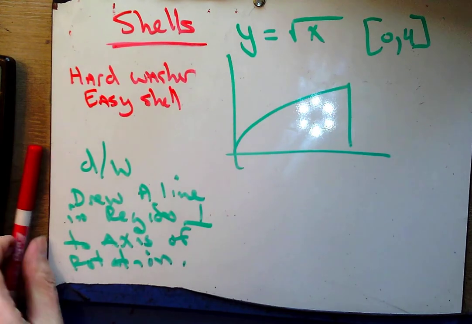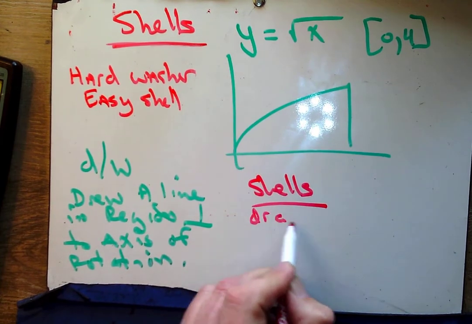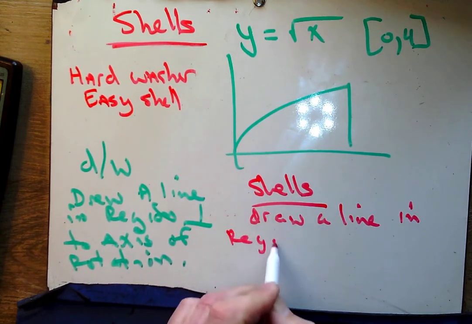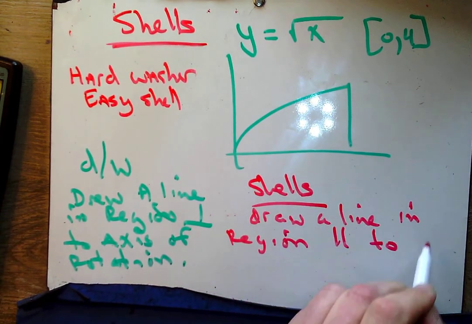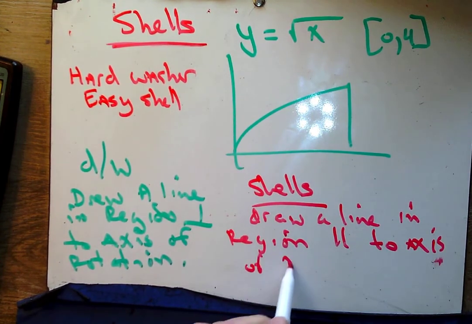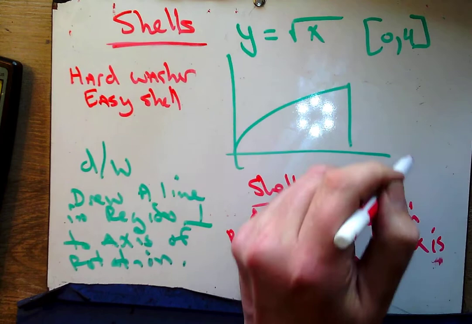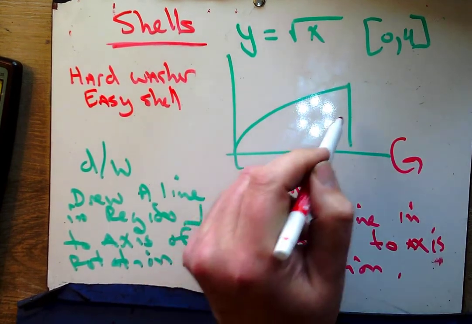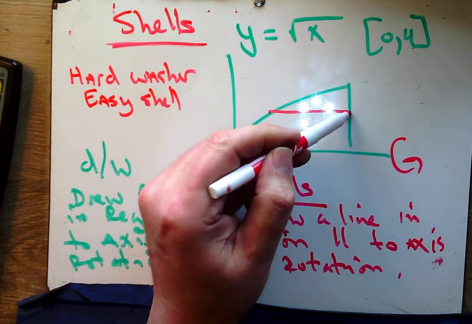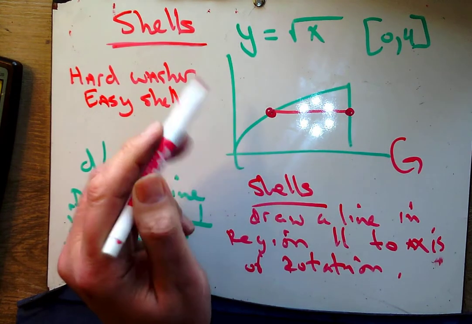Well, with shells, we draw a line in the region parallel to the axis of rotation. Okay, so I want to rotate around that axis. I've drawn something parallel to the axis of rotation. At each end, you draw a circle whose center is the axis of rotation.